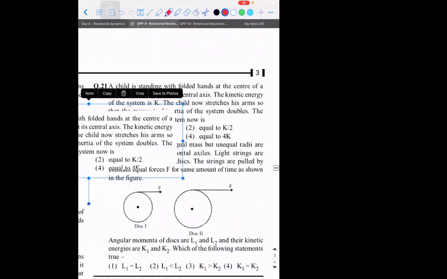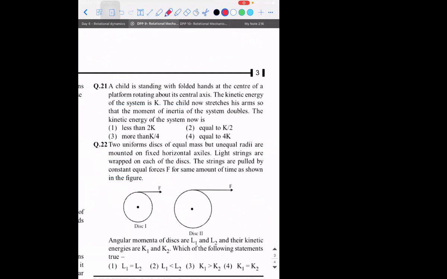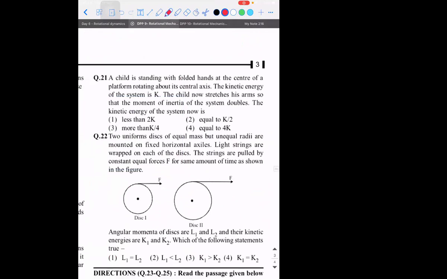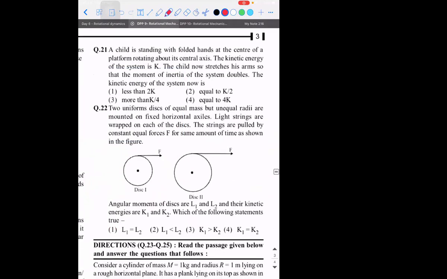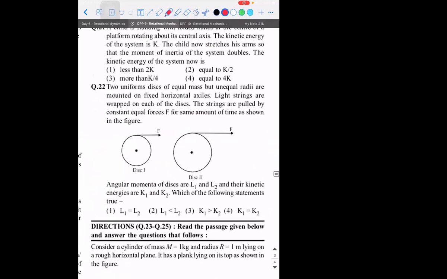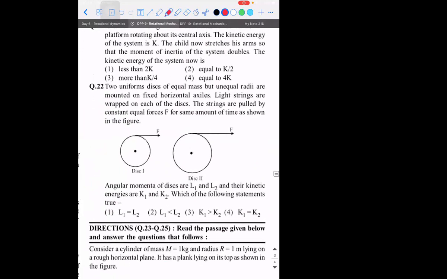Let's see what they have asked. Okay. So can you guys try the 22nd one? If you don't remember any formula, you can always recollect it from translation motion.